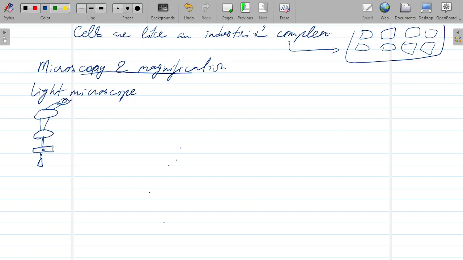There's a picture of the microscope in your textbook later on in the chapter. The first lens that you have is an objective lens, and then there's an eyepiece lens.